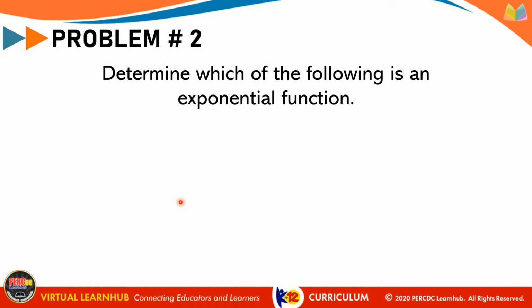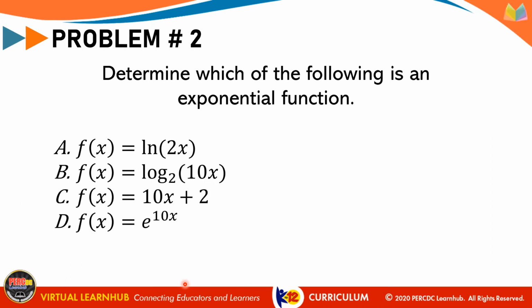For problem number 2, determine which of the following is an exponential function. A. F of x equals ln of 2x. B. F of x equals log of 10x to the base 2. C. F of x equals 10x plus 2. And D. F of x equals e raised to 10x.